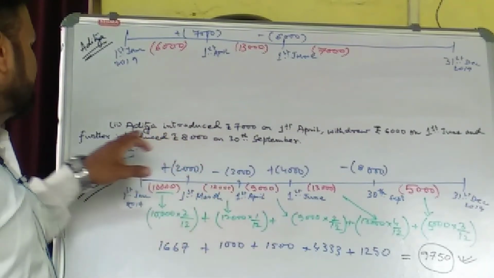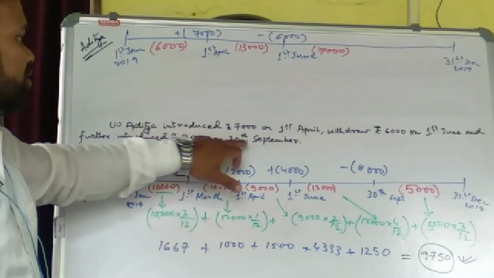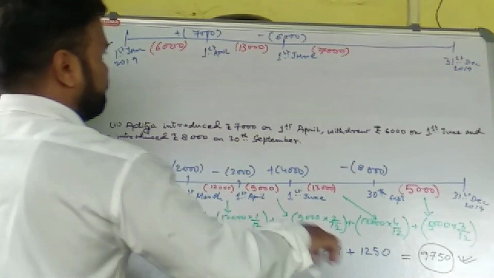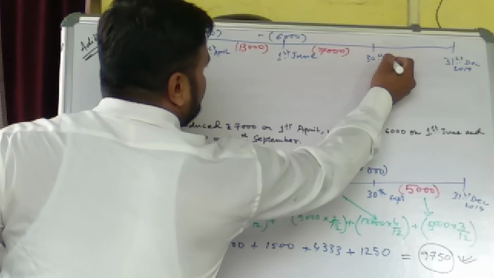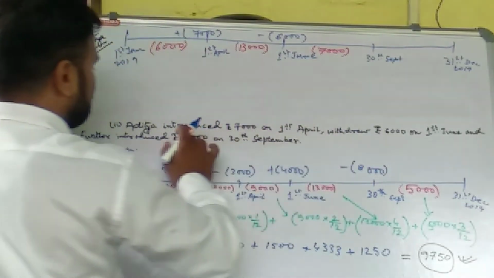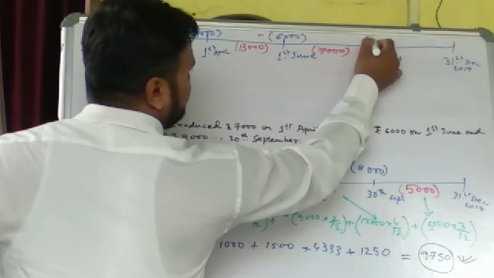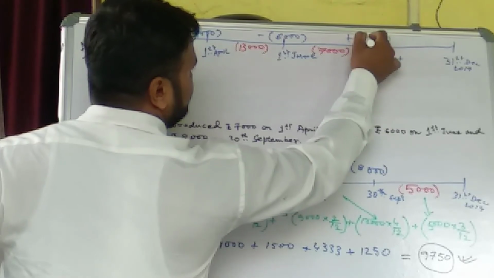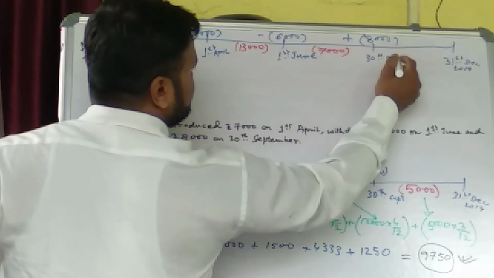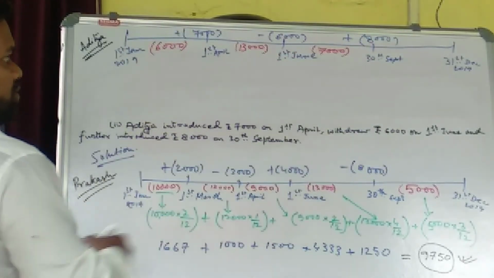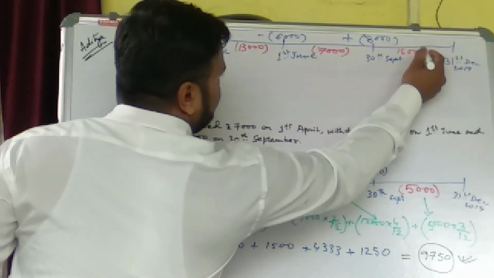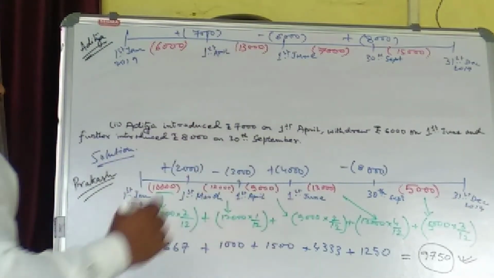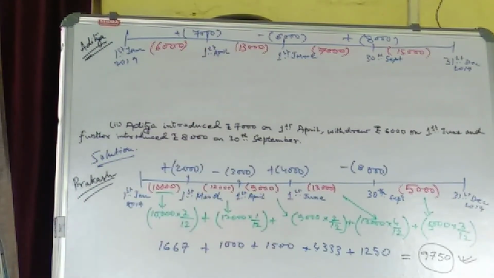And next, he further introduced 8,000 on 30th September. Means he is adding further capital to the business, 8,000. So what is the final capital left over? 15,000 is the capital, right?